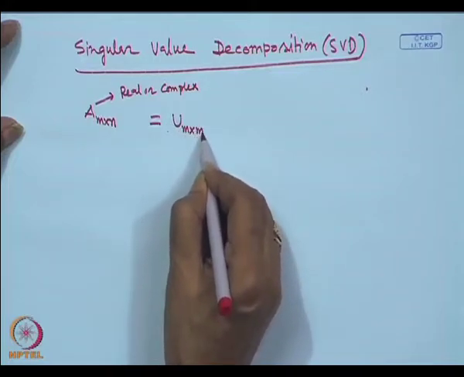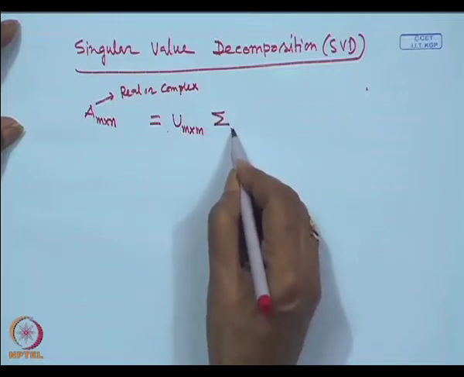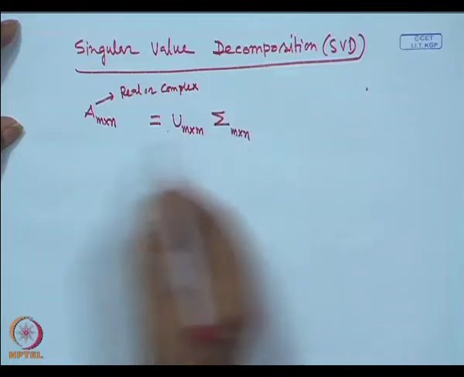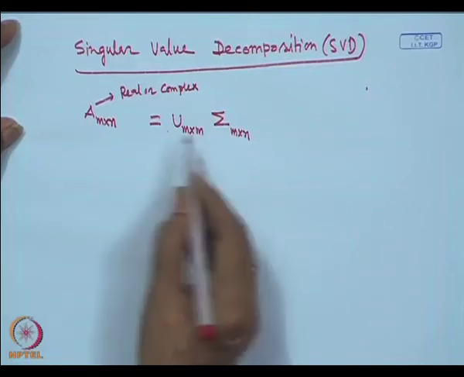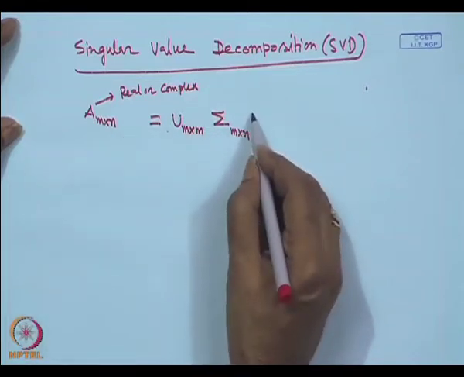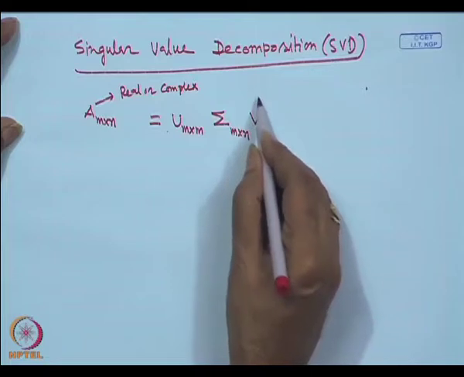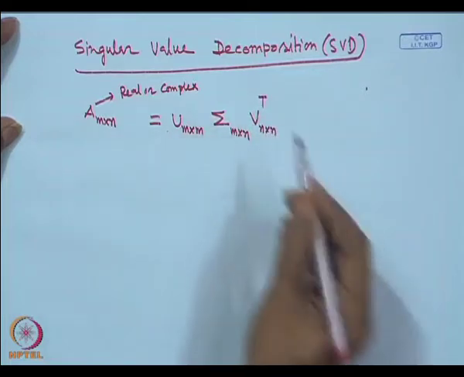The first matrix will be M cross M, then sigma whose dimension is M cross n, the same as A, then the third matrix is V transpose, of dimension n cross n.